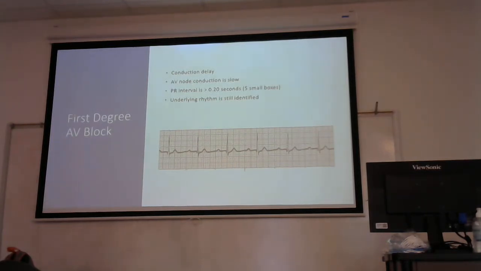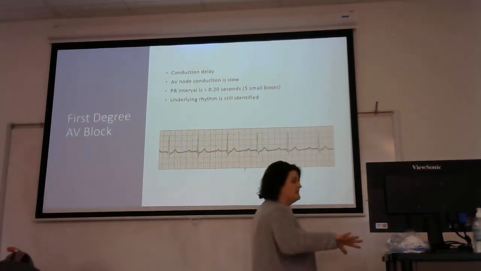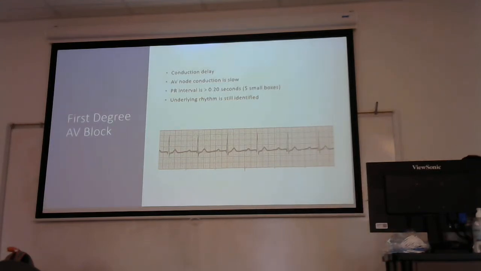So let's do the 5-step method because I like to be consistent. Okay? So when you are analyzing a strip and you're trying to determine what's going on in a first degree block, your rate usually is going to be between 60 and 100 beats per minute. Your rhythm is going to be regular. Okay. Then you're going to look at your P waves, and what you will notice is you do have a P wave before every QRS, and your P waves are similar in appearance.